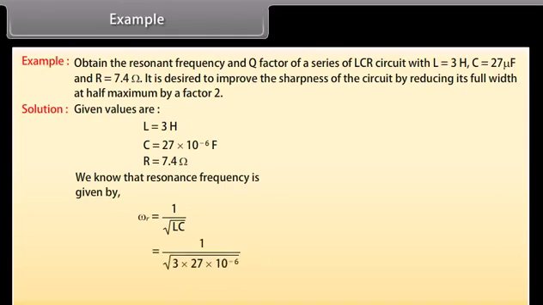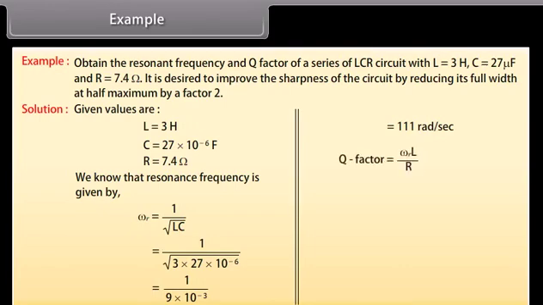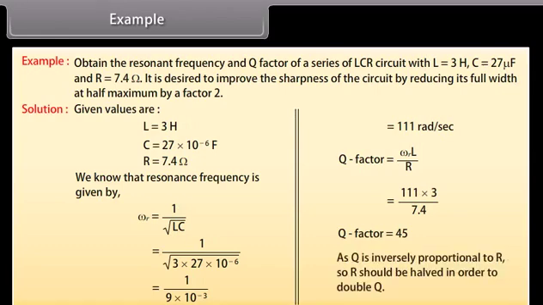Now, putting the values, we get resonance frequency equal to 111 radian per second. Q factor is equal to omega naught L upon R. Now, putting the values, we get Q factor equal to 45. As Q is inversely proportional to R, R should be halved in order to double Q.